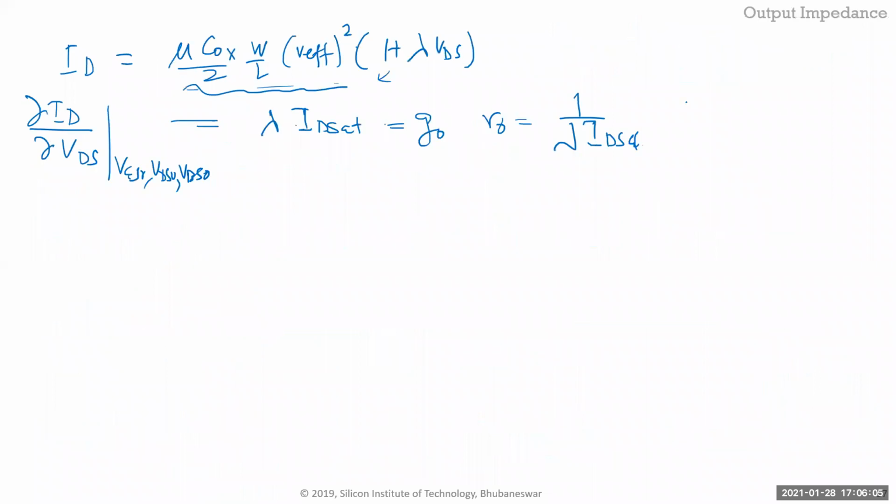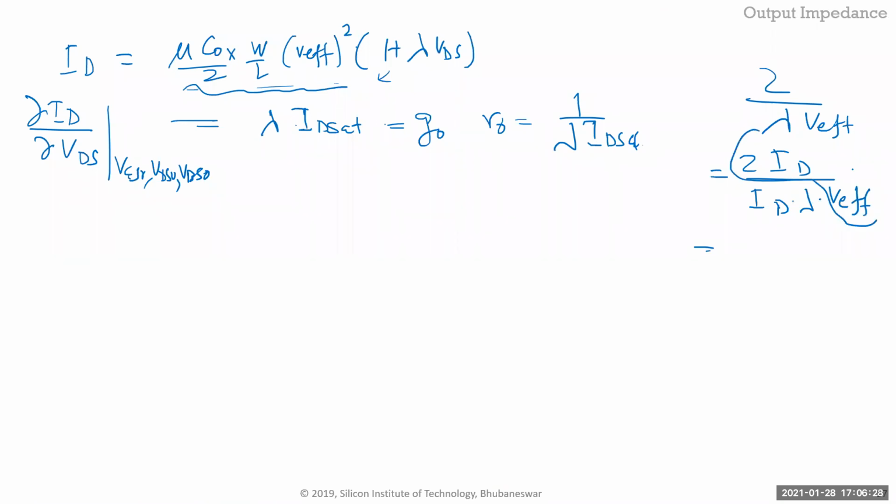You remember we derived 2 times lambda V effective was your gain for the inverter, right? And this is equal to 2ID over ID lambda V effective. So you can see 2ID over V effective is your transconductance, and 1 over lambda ID is what?